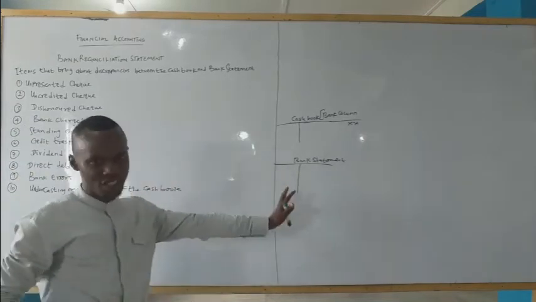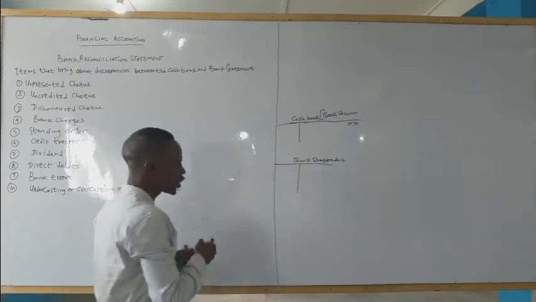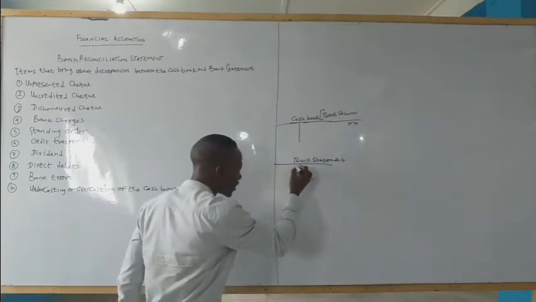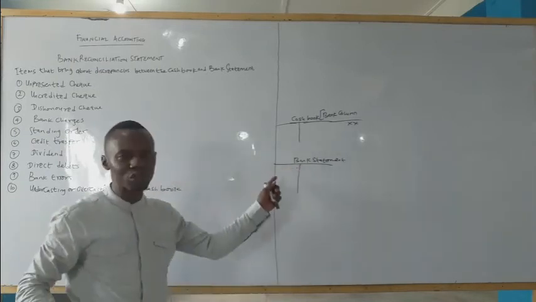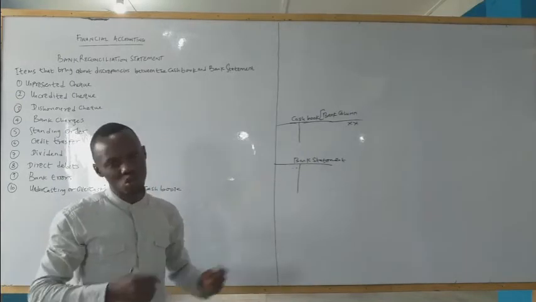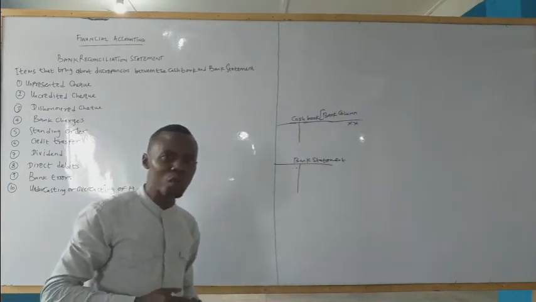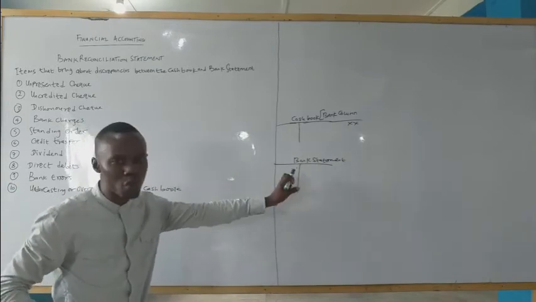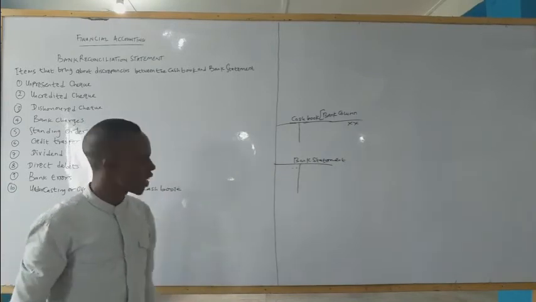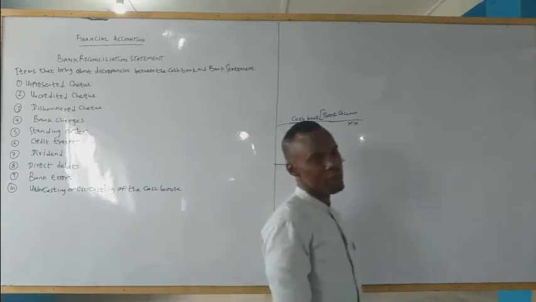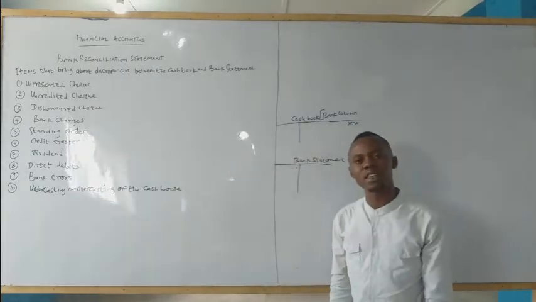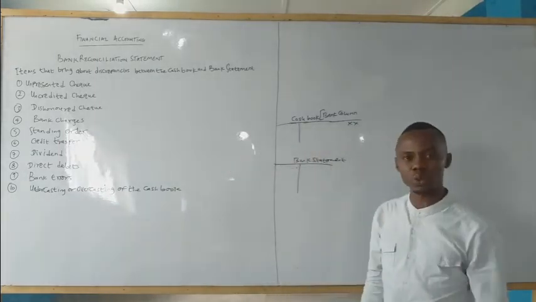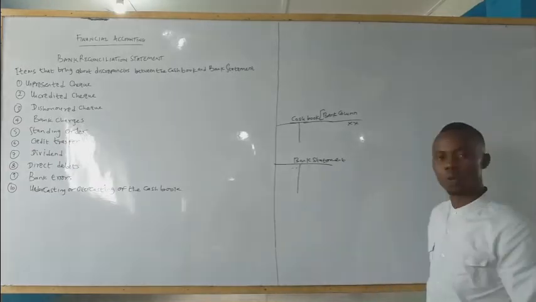But in our bank statement, no entry is appearing. There's no entry here because we are meant to debit our bank statement to show that we issued our check, or money is being withdrawn from our bank account. So we are meant to debit it, but no entry has been recorded. Why? Because the seller or the person to whom we issued the check has not presented it to the bank for payment.